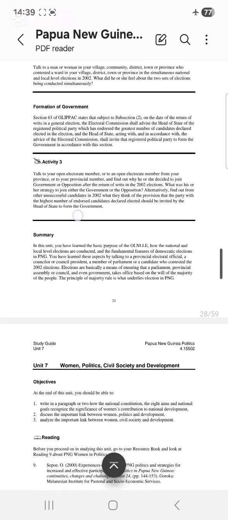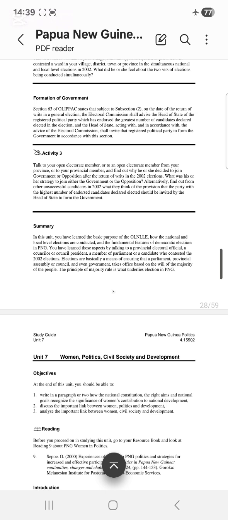All right, now let's look at the formation of government. After elections, we usually anticipate, and by now, you students of politics, you would like to buy data and go onto those Facebook sites and see the formation of government as it is being broadcasted. But before formation of government, again, there needs to be some law guiding the formation of government itself.